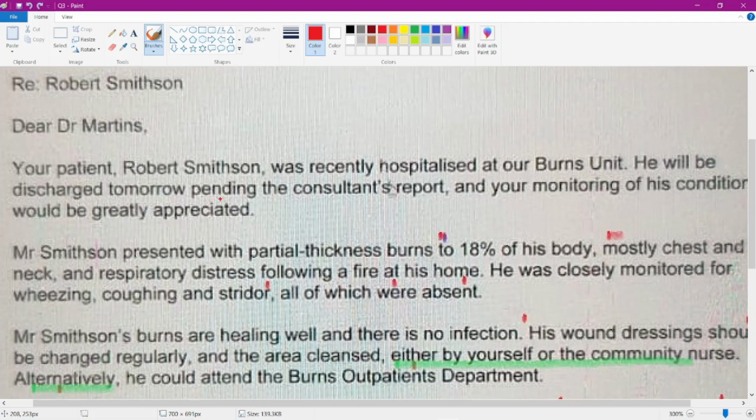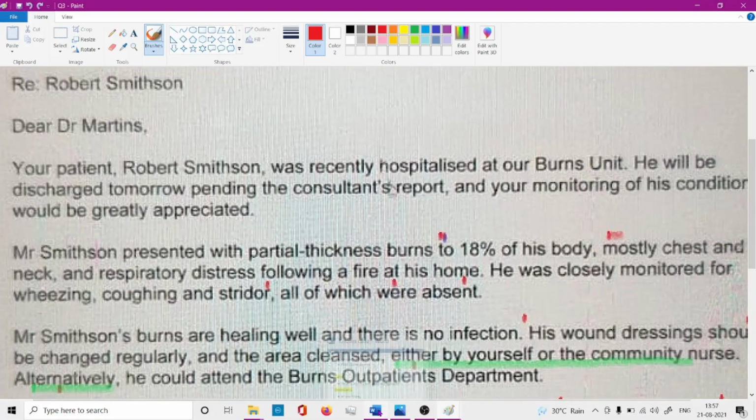See, that bracket which could make you confused, they just mention it like pending the consultant's report. You don't have to get confused over the pending consultant's report. This is the right answer rather than going for the ninth, because they intentionally did that to make you confused. They just joined that with the answer.